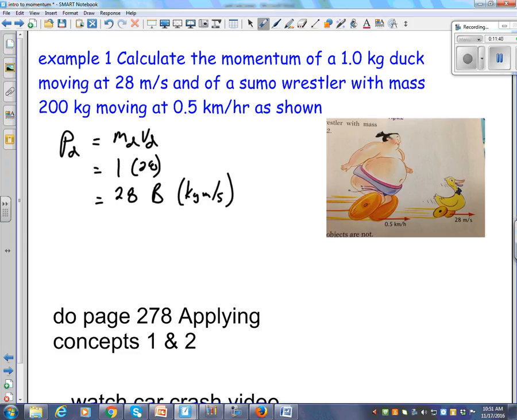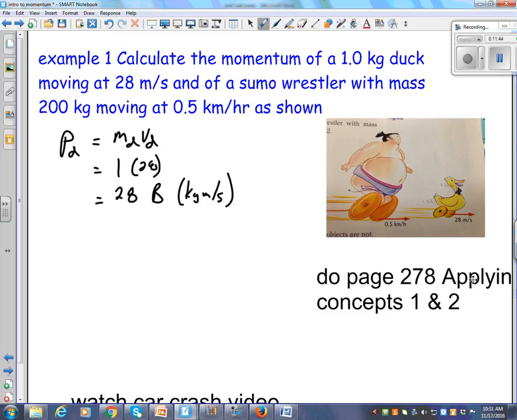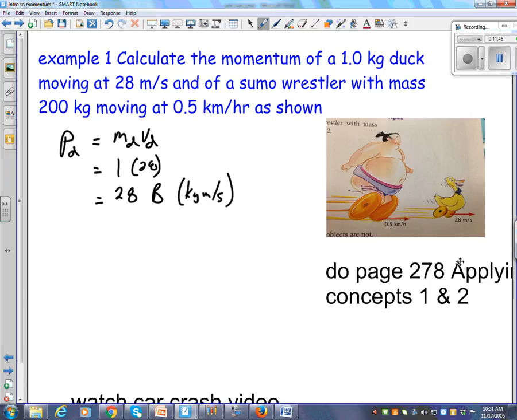Okay, let's do the next one. So now we got to do it for the sumo, but he's moving at kilometers per hour. So you're going to take 0.5, divide by 3.6, and yes, you're going to show me that.